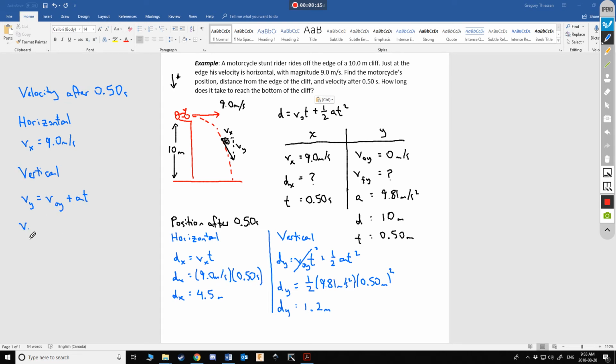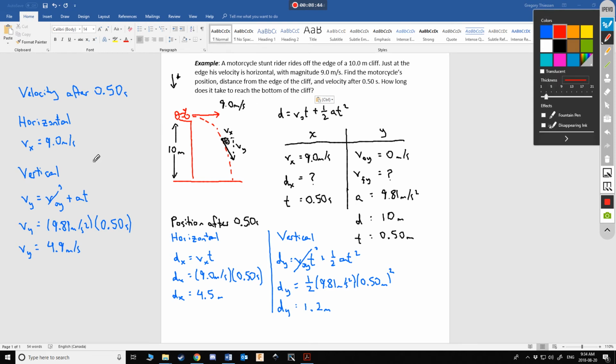So you just have Vy is equal to 0, because we started with 0 meters per second, plus our acceleration, 9.81 meters per second squared, times our time elapsed, 0.50 seconds. So you get Vy is equal to 4.9 meters per second.